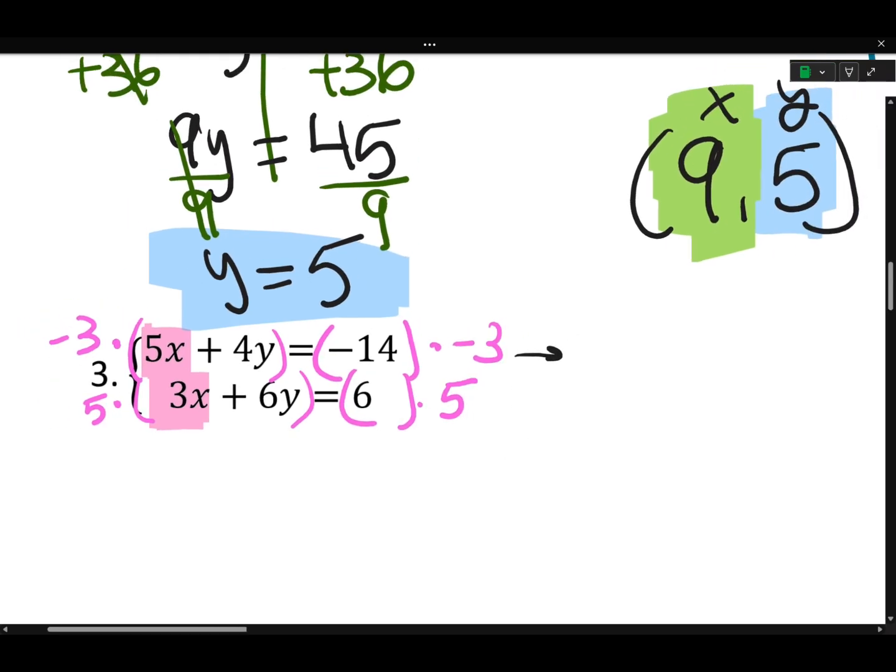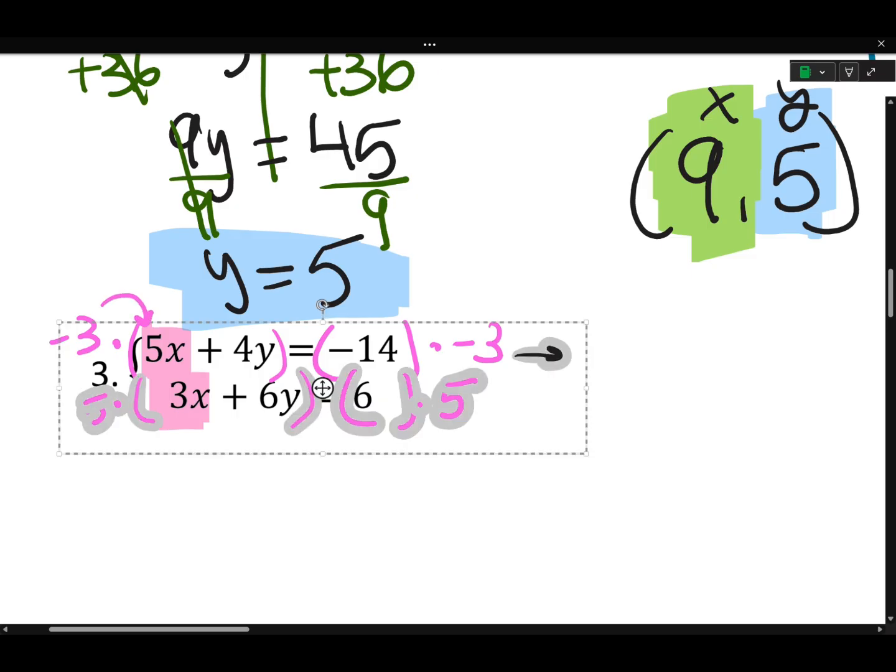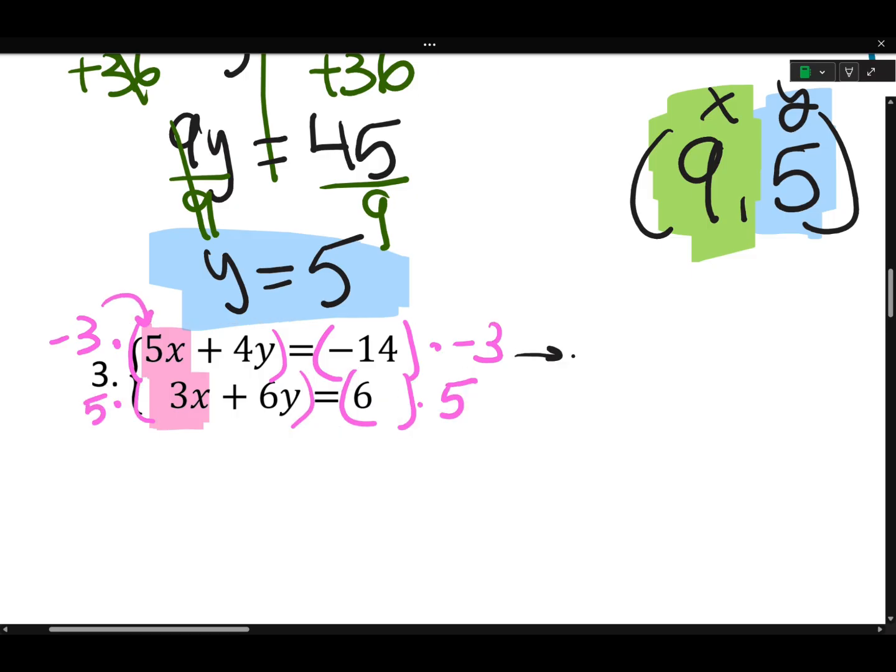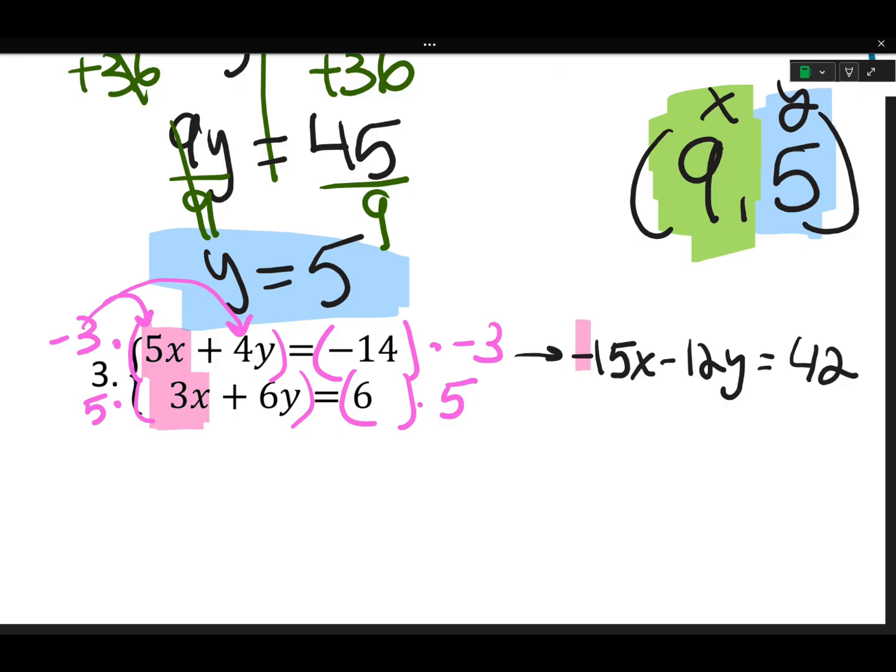Negative 3 times positive 5x is going to give us negative 15x. Negative 3 times positive 4y is negative 12y. And negative 3 times negative 14 is positive 42. Let's take a look at the bottom equation. All right, so now our x on top is a negative.